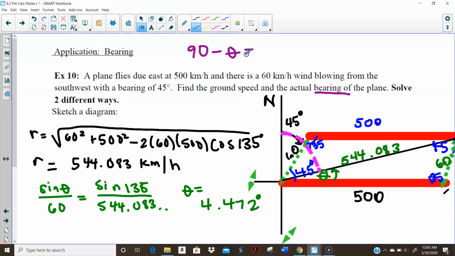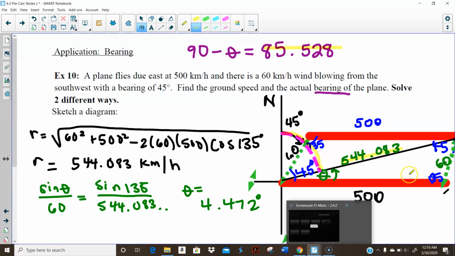So 90 degrees subtract theta will give you the bearing. So you can see our answer for the bearing is 85.528. And that's north going in a clockwise direction. And then the actual ground speed of the plane is 544.083 kilometers per hour.